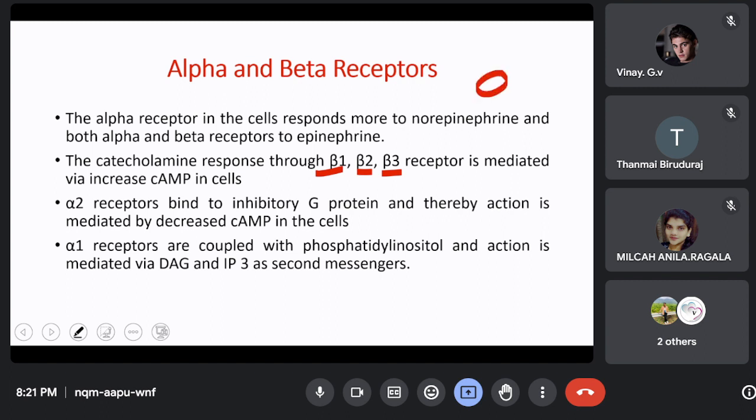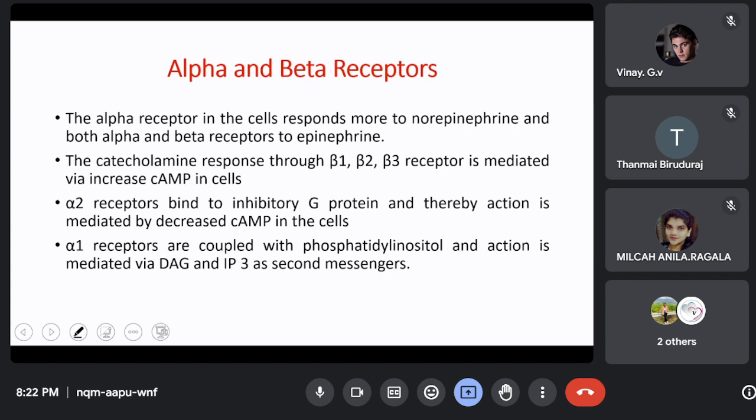Once the hormone binds to the beta receptor, whether 1, 2, or 3, it leads to the breakdown of ATP in the presence of adenylyl cyclase, so that cyclic AMP is produced. And here this acts as the second messenger in cells for further regulation of cellular activity.